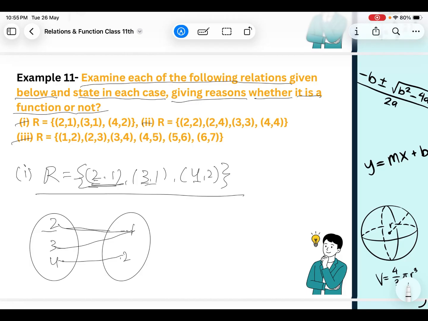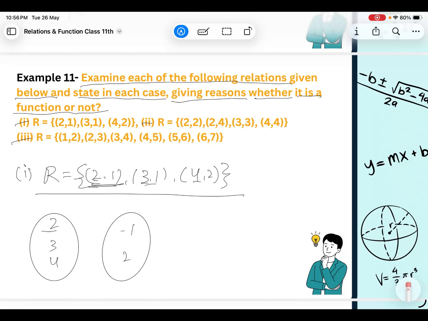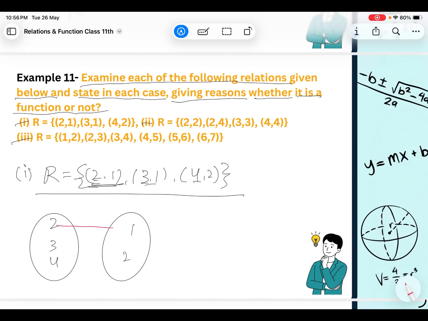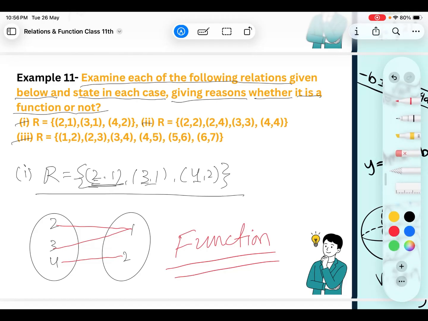For one input there are not two outputs. If we have only one image for each element, then we can say this is a function.